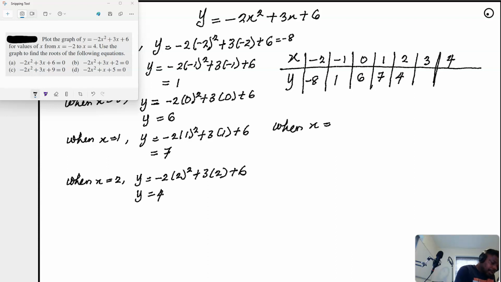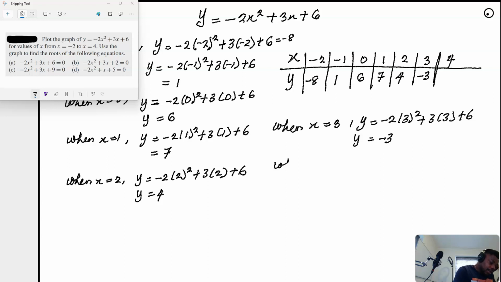When x is equal to 3, so we're using 3. Y will be minus 3.